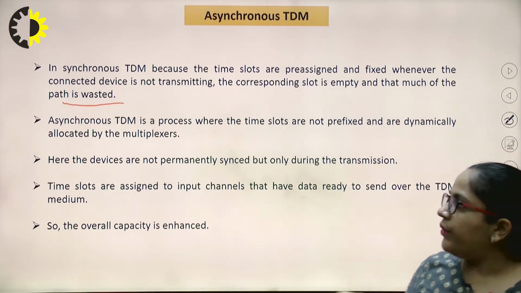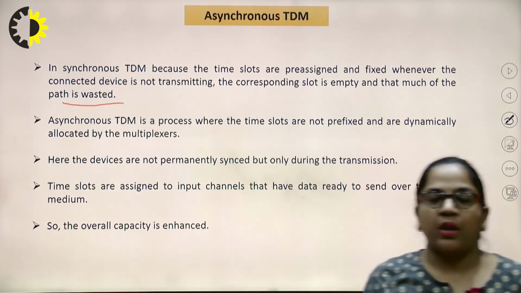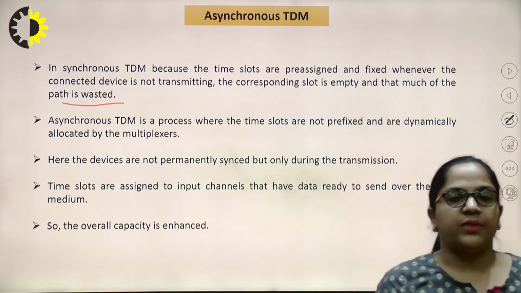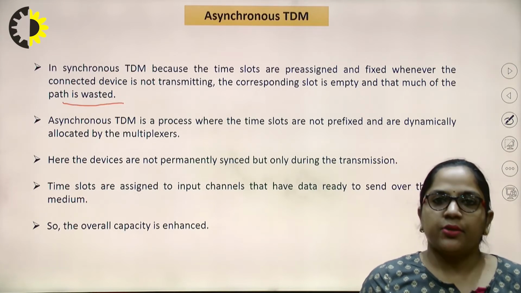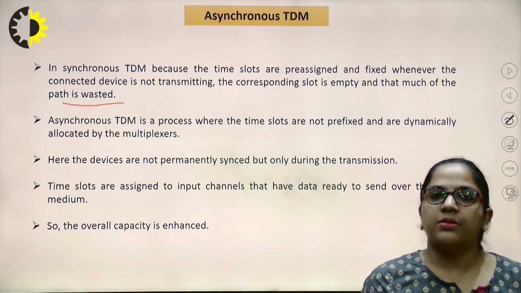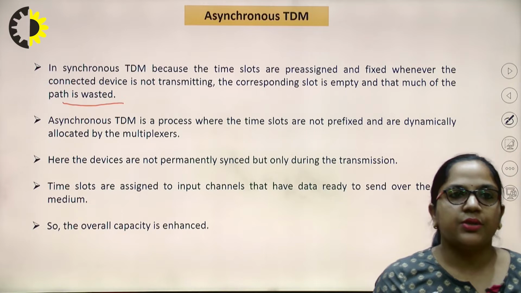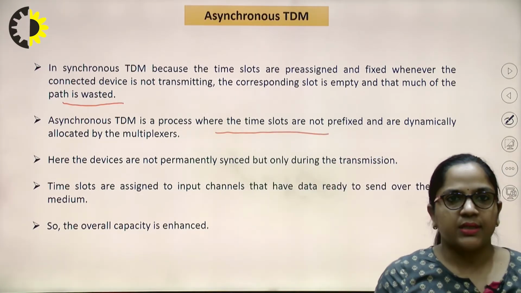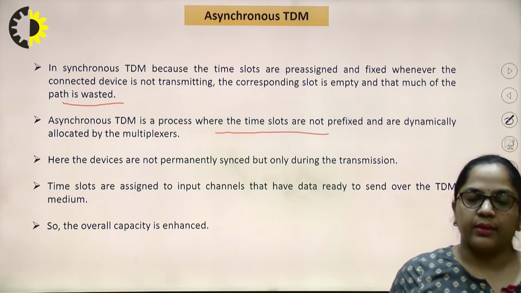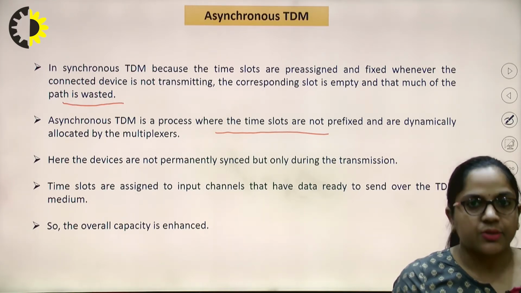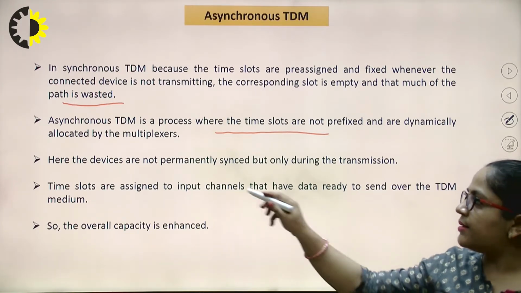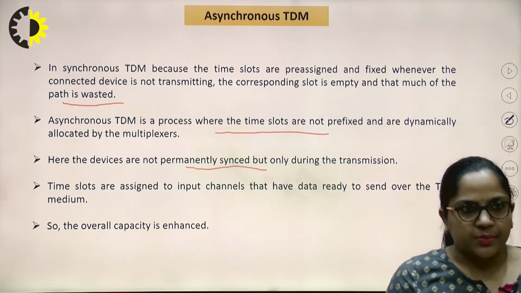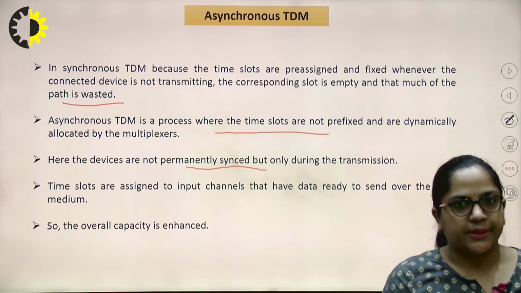So how can we reduce this wastage? By selecting the asynchronous time division multiplexing technique. Asynchronous means flexible, or not prefixed. In asynchronous TDM, the time slots are not prefixed and are dynamically allocated by the multiplexer to the users. Here the devices are not permanently synced, but only during the time of transmission and reception of data.